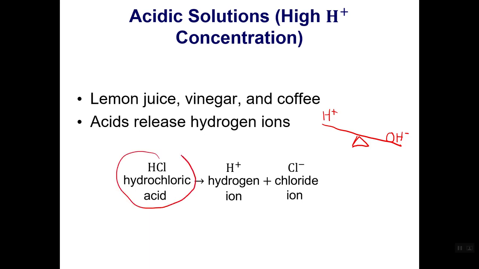Hydrochloric acid, one of the most acidic solutions out there, is what your stomach acid is largely composed of, which is why it is so acidic in your stomach. It's like a pH of 1, which is very, very low, which is very acidic. If that breaks down, it breaks down into a hydrogen ion and a chloride ion. So lots of hydrogen ions relative to, well, no hydroxyl ions because it's a chloride.